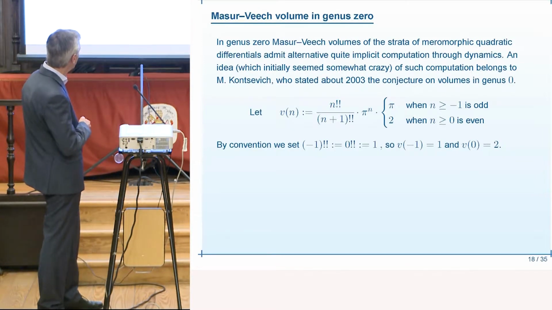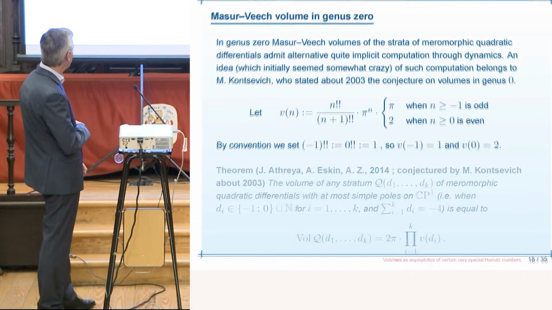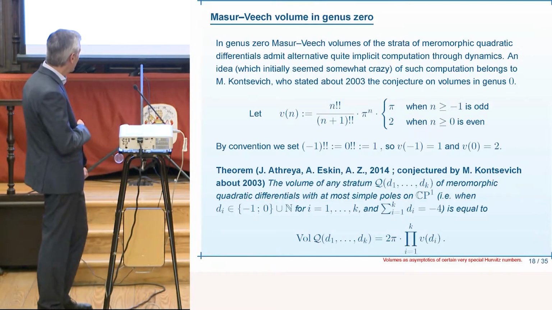And for -1 and for 0 we define it by hand as follows. Then the volume of the corresponding stratum of quadratic differentials with simple poles and zeros of given degrees is given as the product over this partition, which tells what zeros and poles we have, of this function v with some universal constant 2 pi.